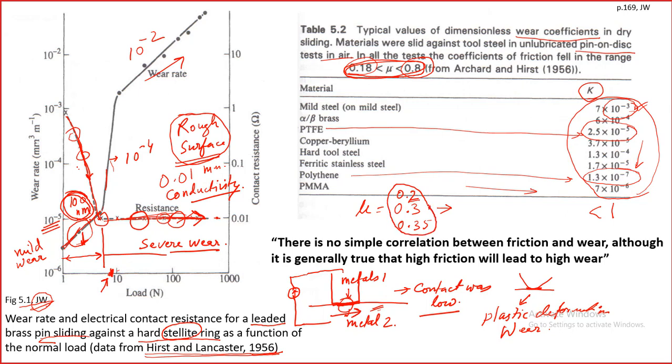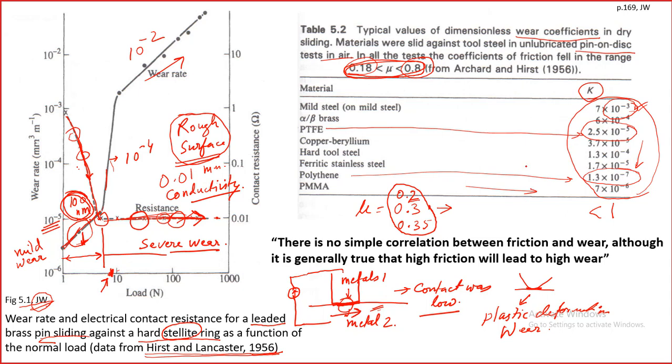Very minor change in the mu will make very big difference to the final result, which may be wear, which may be energy consumption, and so on. So wear rate can vary by several orders of magnitude, and this is true not only for the dry condition but also for lubricated condition.